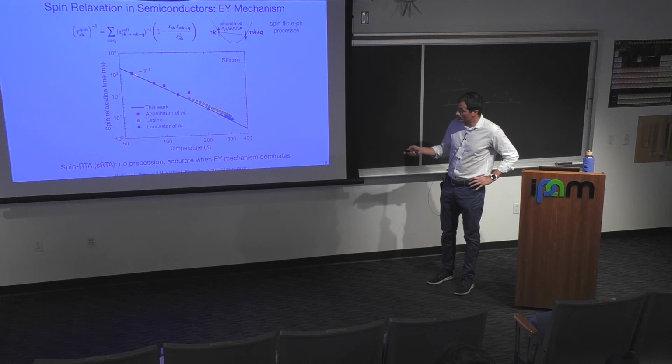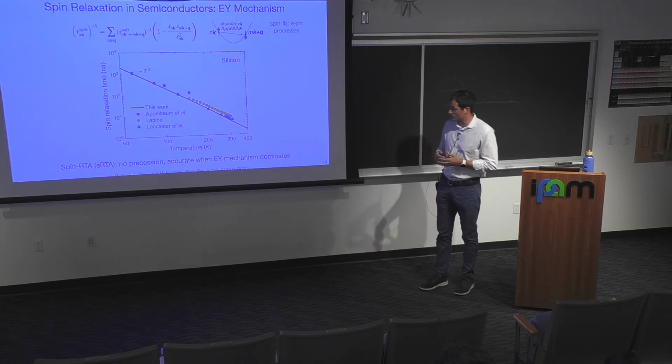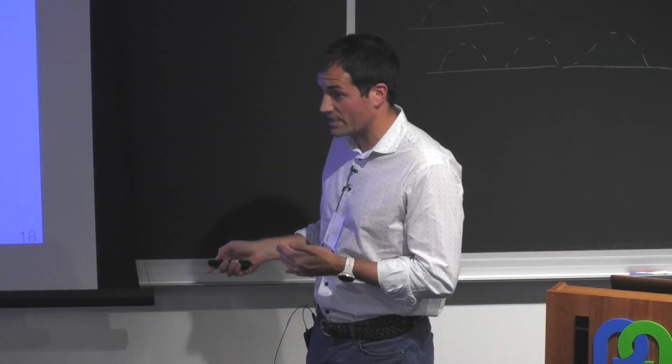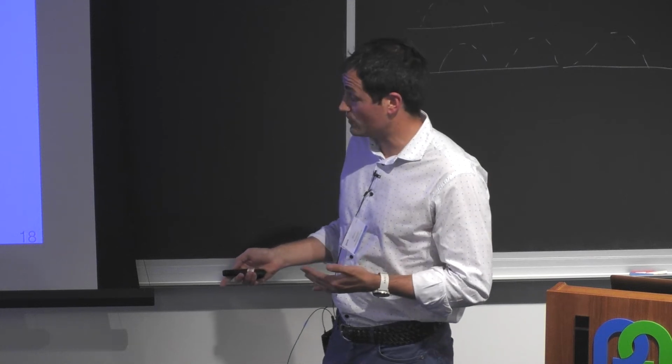So this level of theory in silicon, as you can see here in this calculation in the solid line, can accurately predict the spin relaxation times over a wide temperature range. So this is encouraging, but ideally you would also like to include precessional spin motion.